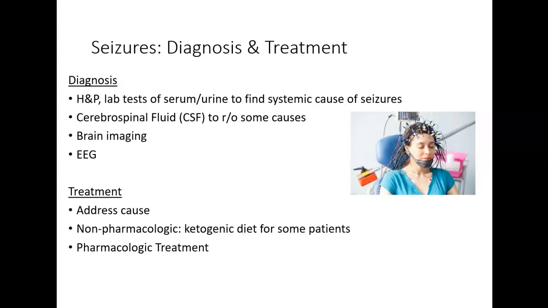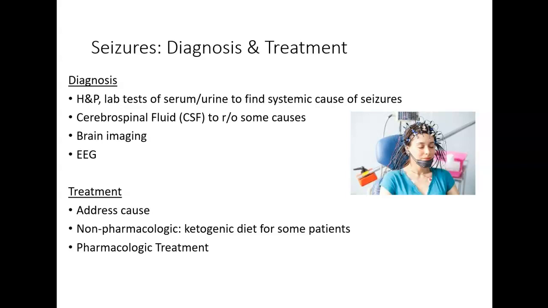Non-pharmacologic treatment is the ketogenic diet. Now, a ketogenic diet is a diet that's high in fat and protein and has very low or no carbohydrates. Fat is really the key in this diet. And I will tell you that there is lots of research evidence to show that ketogenic diets are extremely helpful, especially in children with seizures.